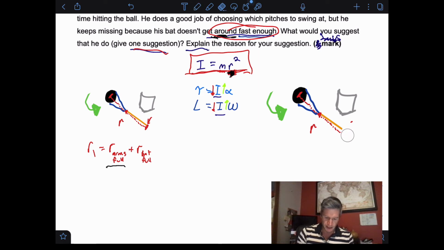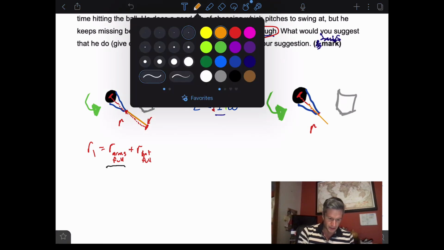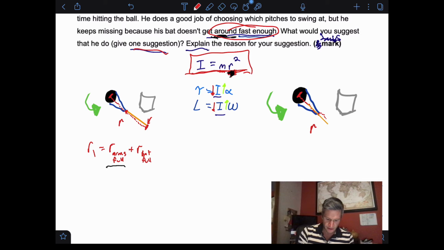So essentially what we'd end up doing in this scenario is, and I'll do it a bit exaggerated, you don't actually do this in baseball, but let's say they move halfway up the bat. Now we've halved the length of the bat.